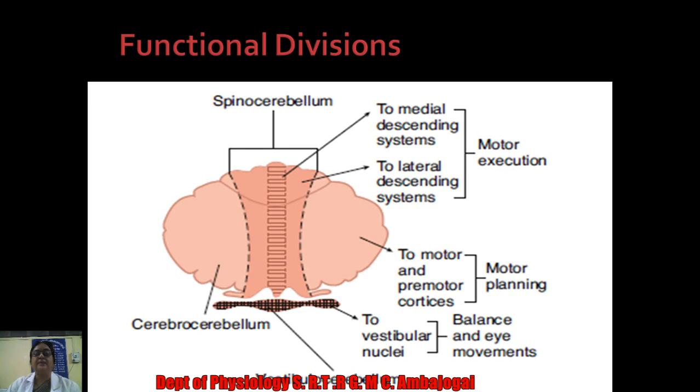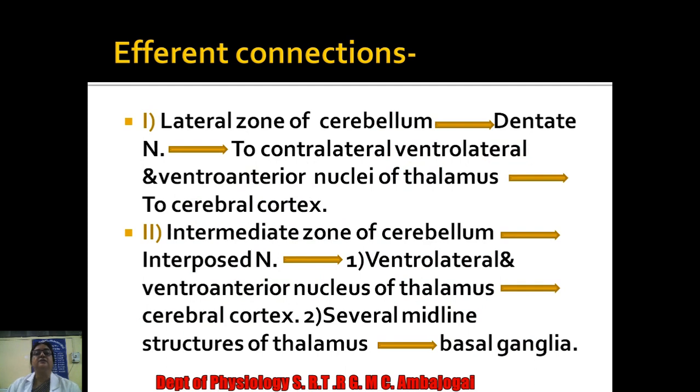Now after completion of these afferent connections, we will shift to the efferent connections. I have already told in the neural circuit that the efferent signals from the cerebellum go only via the nuclei, and these nuclei are of four types: the dentate nucleus; second, the globose and emboliform, called the interposed nucleus; and third, the fastigial nucleus.